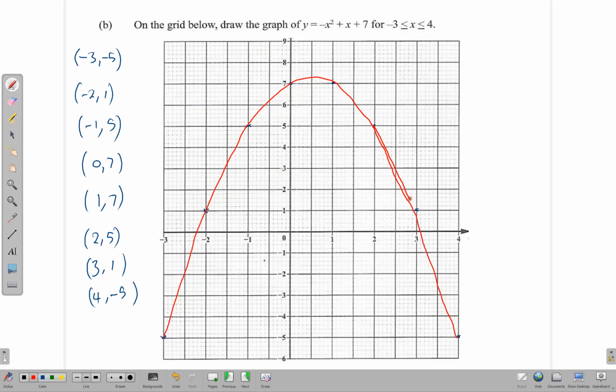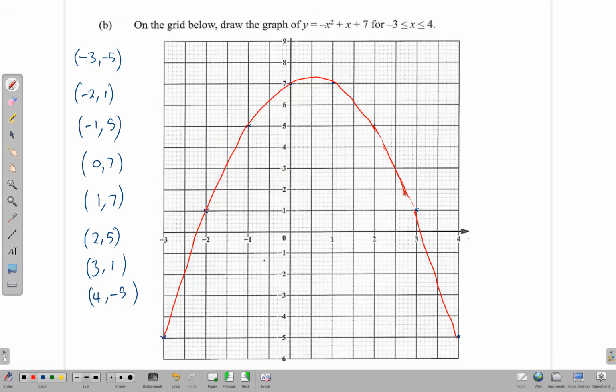Alright, so that's my graph. Let me just go ahead and tidy this up. Of course, on your graph paper, you go through and you make sure that you draw a very neat curve and do not shade your line, so that you get it as accurate as possible. So this is representative of our function.